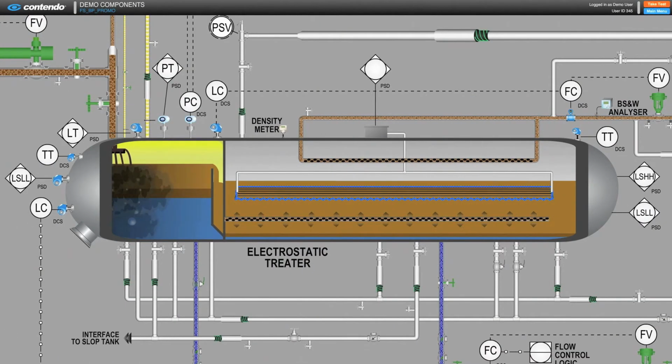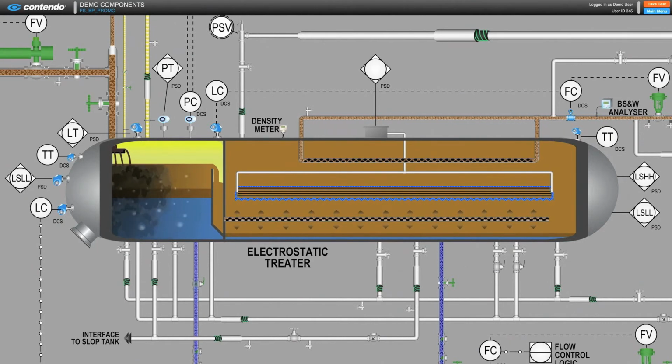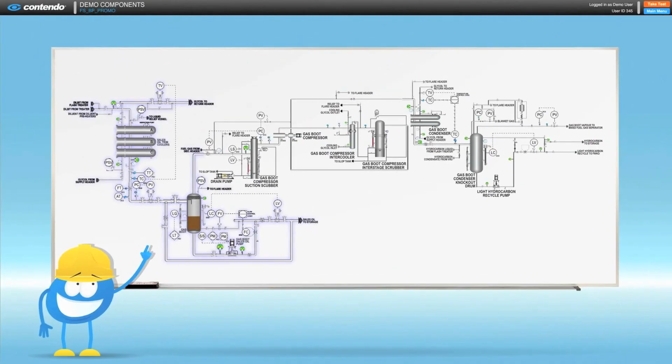The resulting produced emulsion diluent mixture then has most of the remaining water removed in an electrostatic treater to produce dehydrated dilbit. The dilbit flows through the sales oil stabilization system gas boot where it is reduced in pressure to bring it to sales specification.